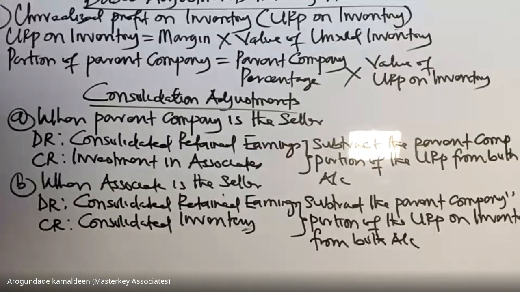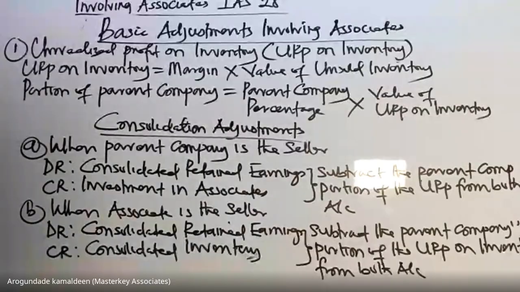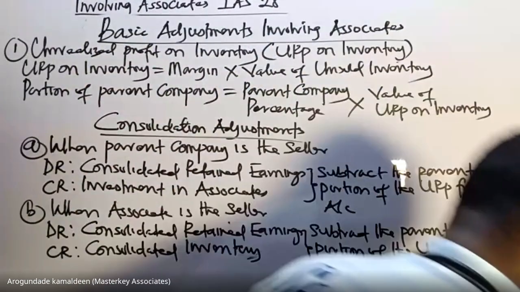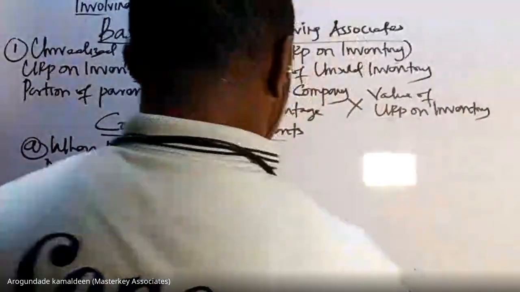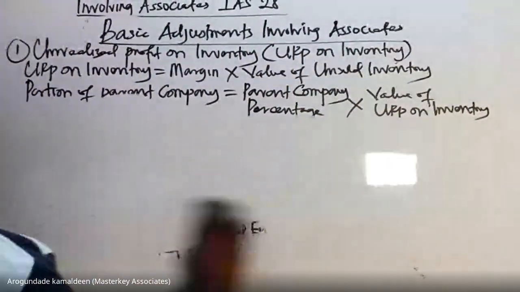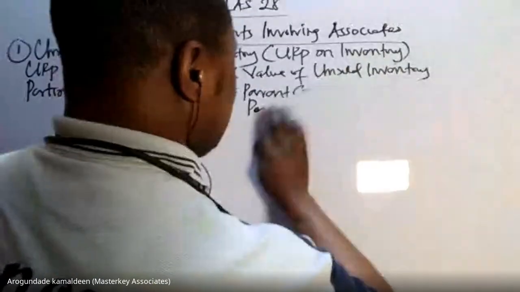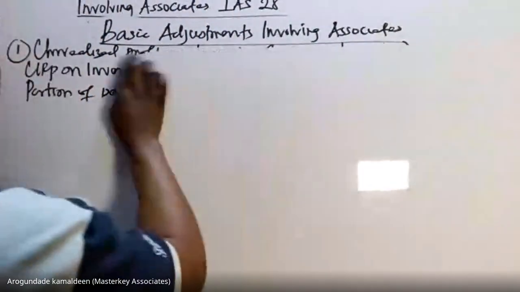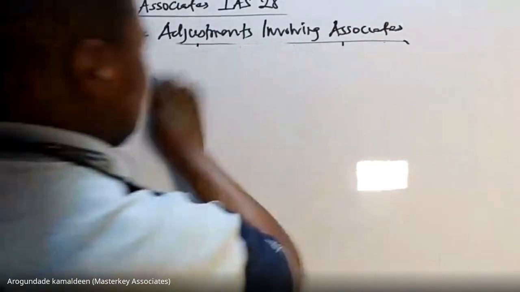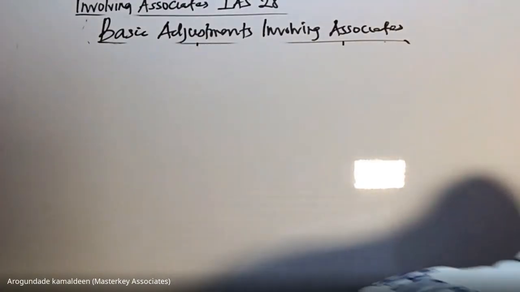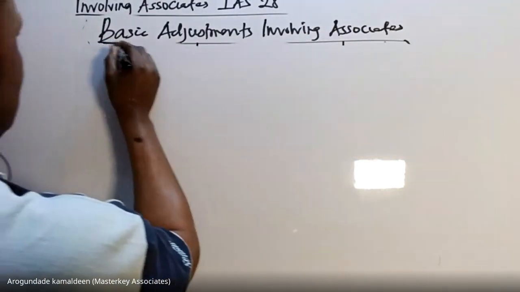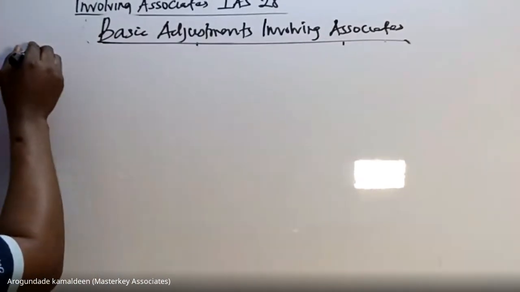The next now is the treatment of impairment. When your investment in associates has suffered an impairment, do we have that in the question too? If there is impairment loss on investment in associates.